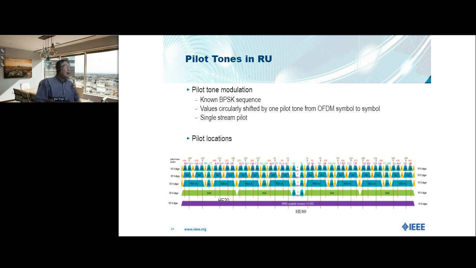Also the pilot tones, what we call single stream pilots. This is relative to the data portion. In the data portion, when you transmit in MIMO, all the data basically uses something called a precoding matrix.